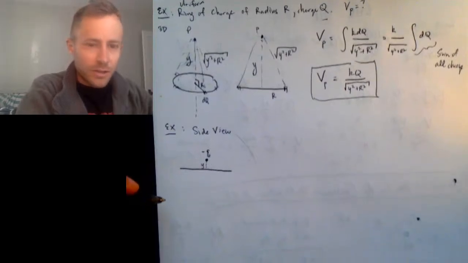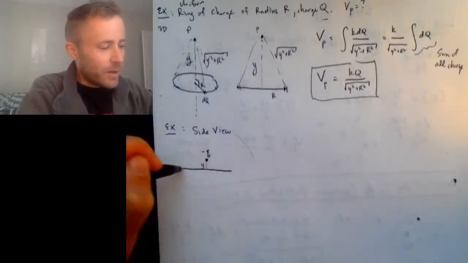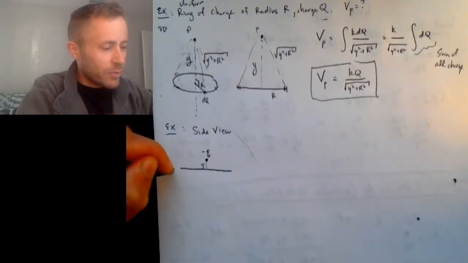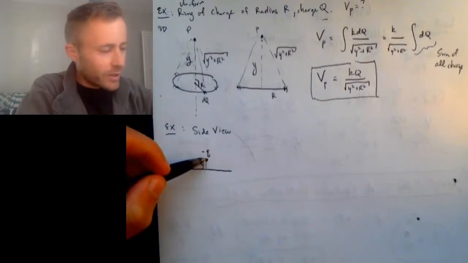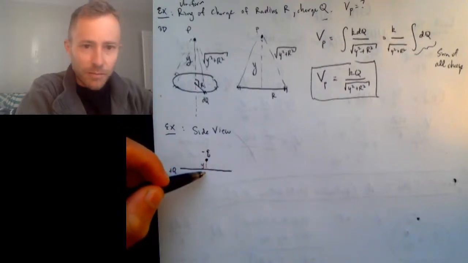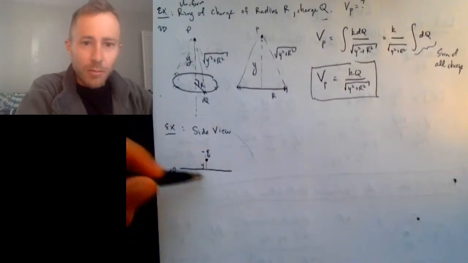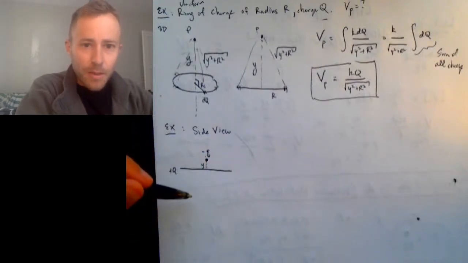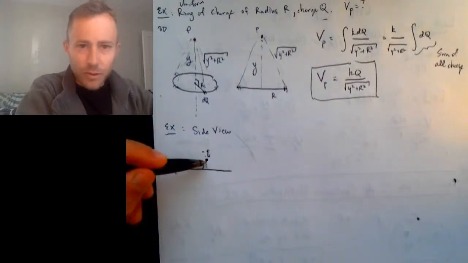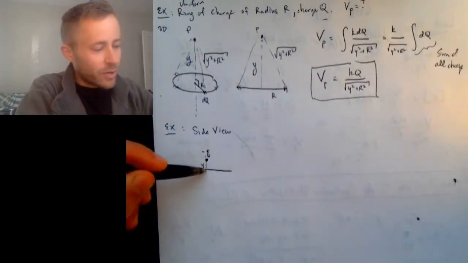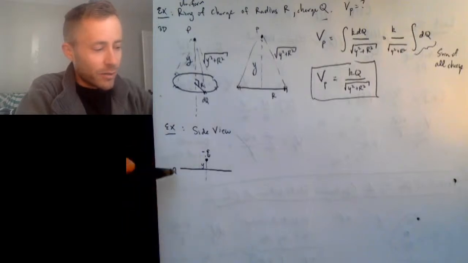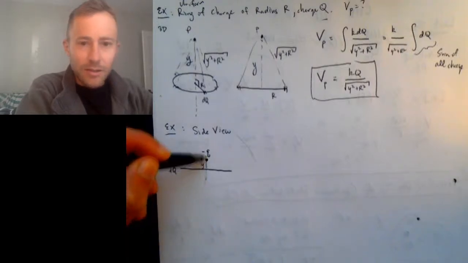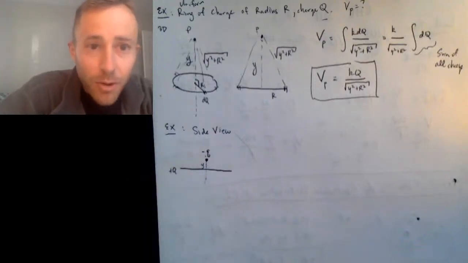Now what you can imagine is, because this is a ring with charge positive Q, this negative charge is going to get attracted towards the center of the ring. It's going to get pulled down. But because of its inertia, it's not going to stop at the center. It's going to actually swing through, and it'll end up on the other side. And then once it's on the other side, the ring is going to pull it back up, and it's going to execute simple harmonic motion.